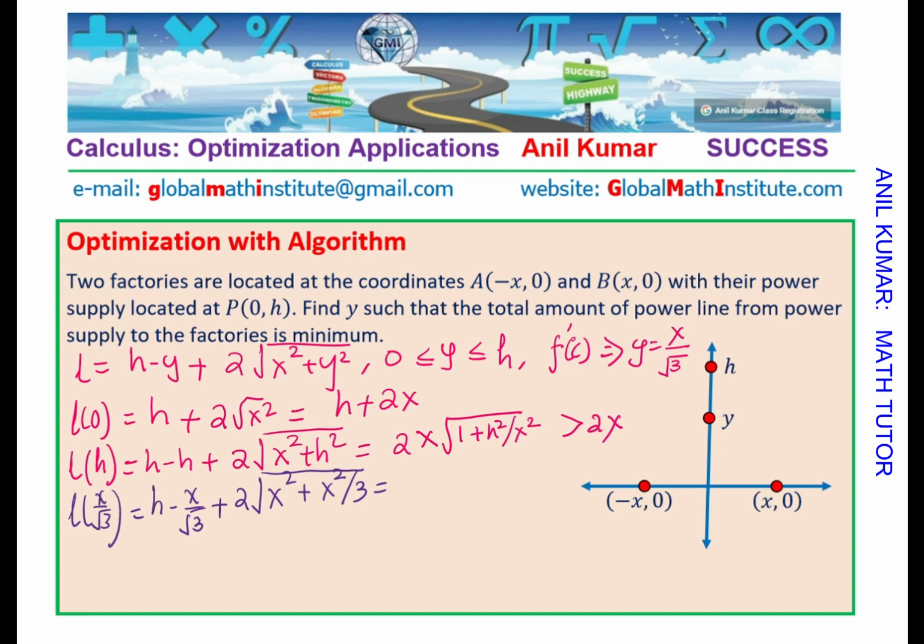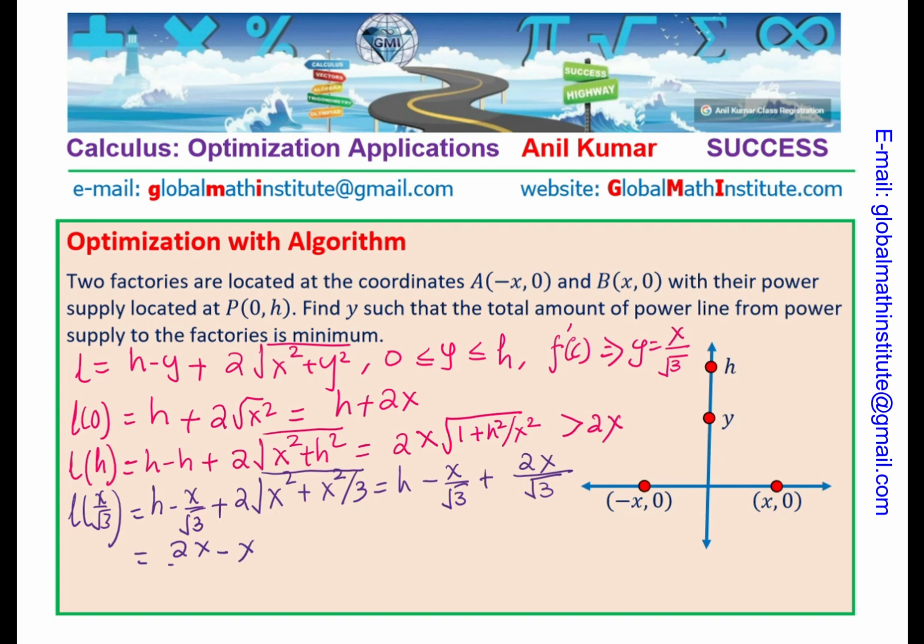Which is, we get h minus x over square root 3, and here we can take x square common, so we get 2x over square root 3, correct? So basically what we have is 2x minus x over square root 3. Let me rewrite this. Which is basically equal to x over square root 3 minus h.